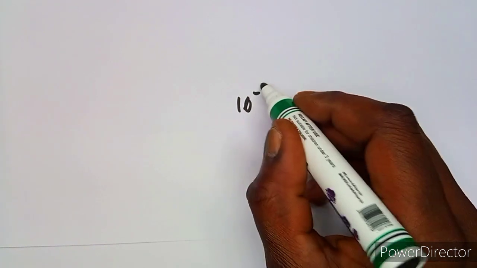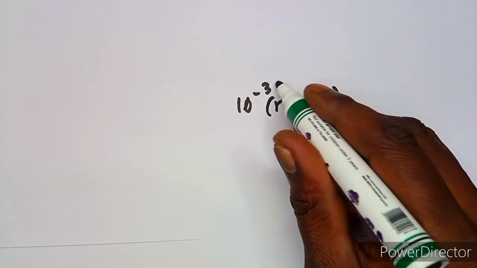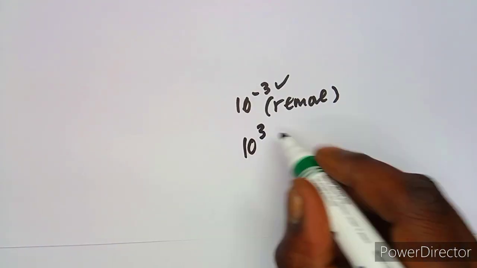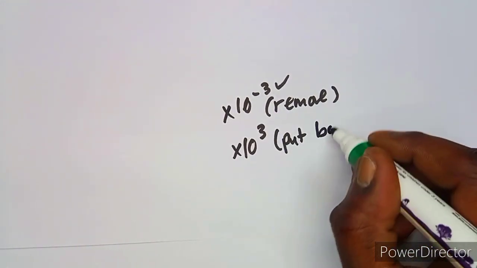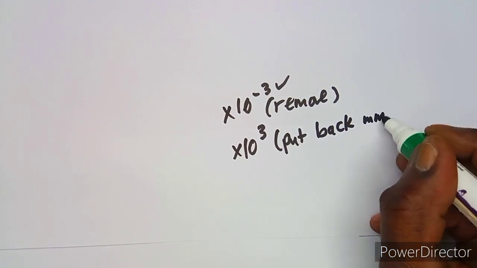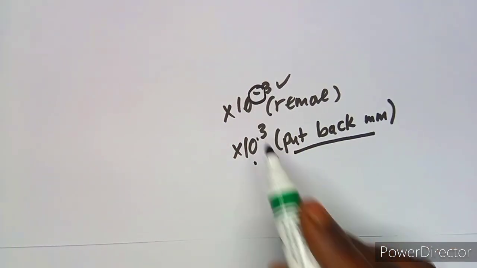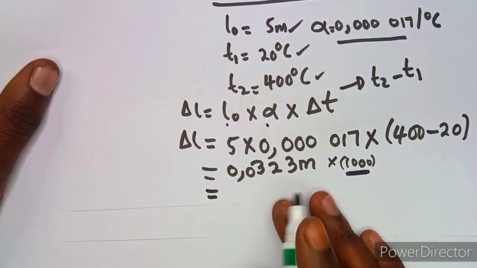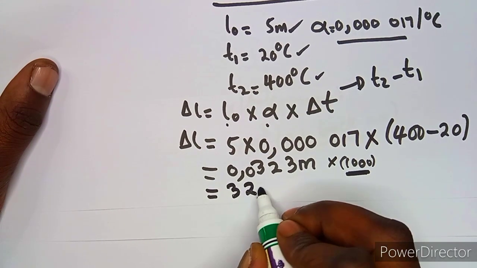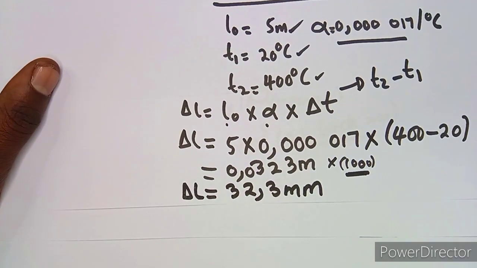Because to remove milli, you multiply by 10 to the power minus 3, which means to put back, you multiply by 10 to the power 3, which is 1,000. So the moment you multiply by 10 to the power 3, you're going to obtain 32.3, which is now in millimeters. So that is your change in length in millimeters.